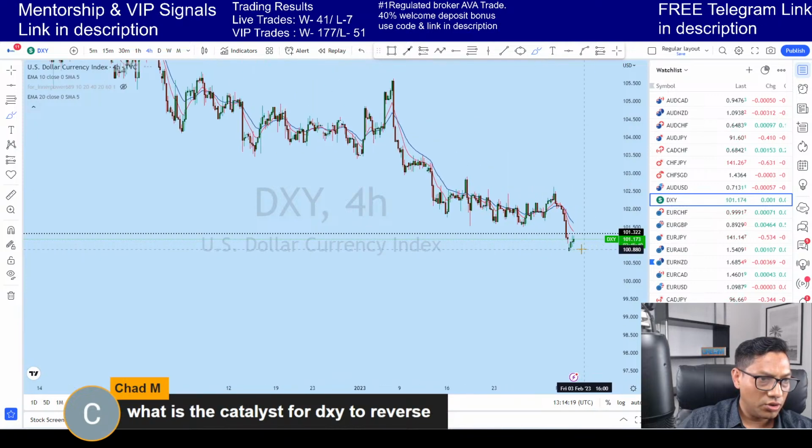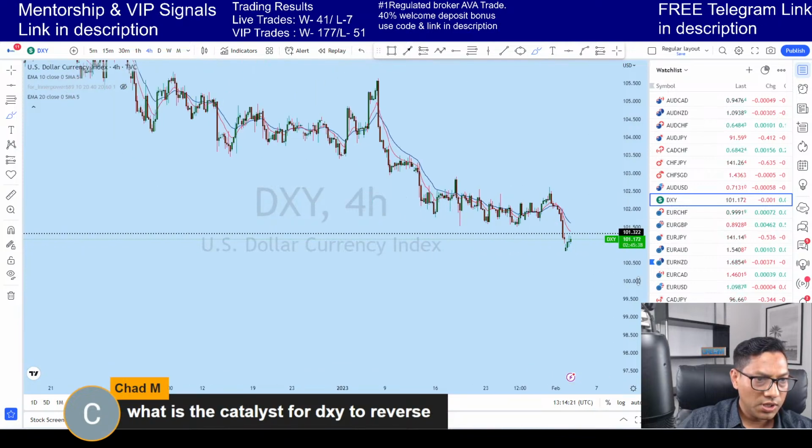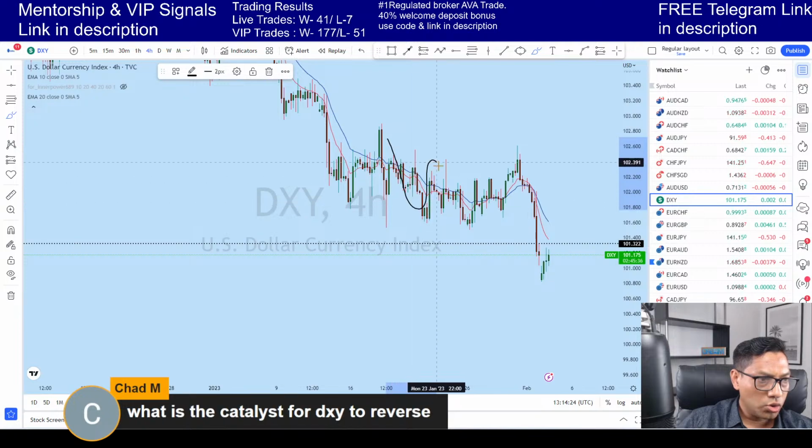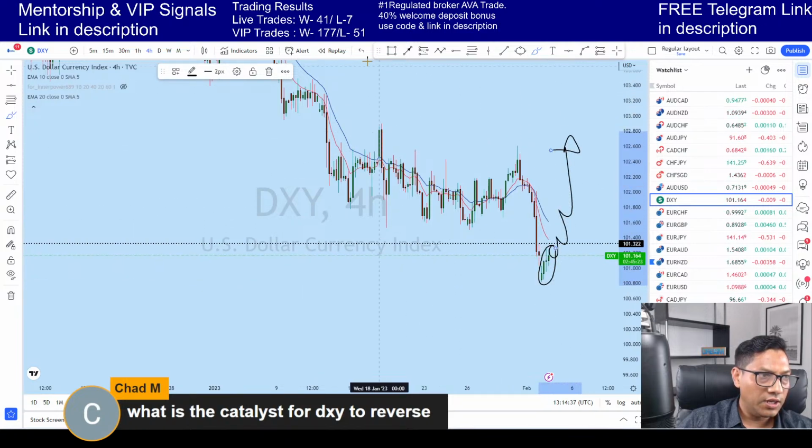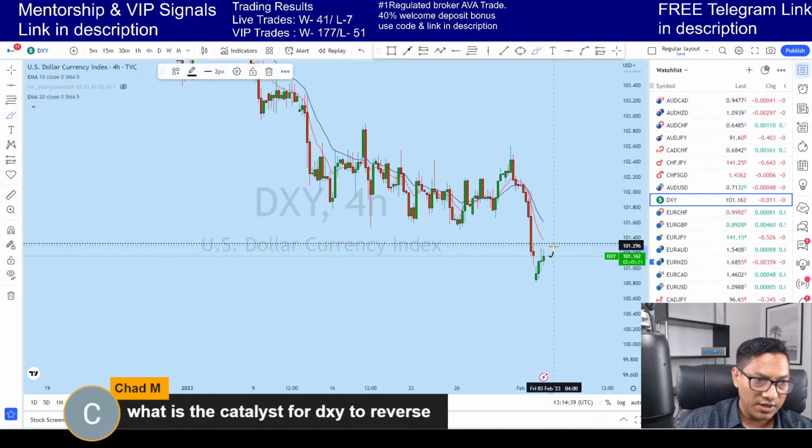a game changer on DXY, high probability, because you can see that there was a long consolidation. The price created an uptrending market structure to the upside, and the price has broken down here, okay, with a gap opening, with this big move, DXY creating a movement, and that's, to me, it's a reversal.